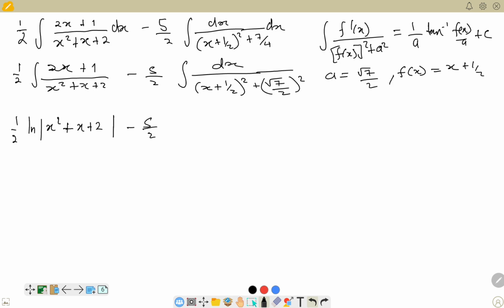Then we have minus 5 over 2. So there I have to multiply by 1 over a, but instead of multiplying by 1 over a, I can divide by a, which is going to be actually 2 over square root of 7.